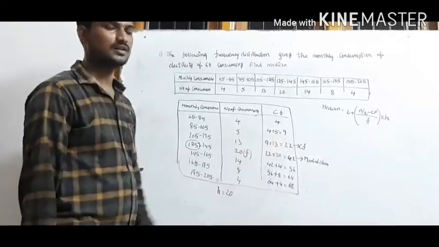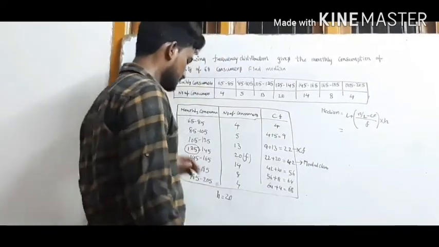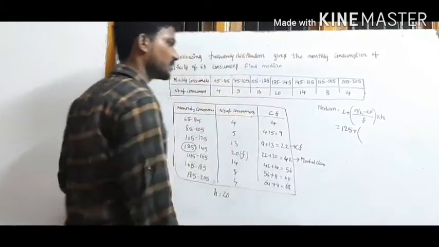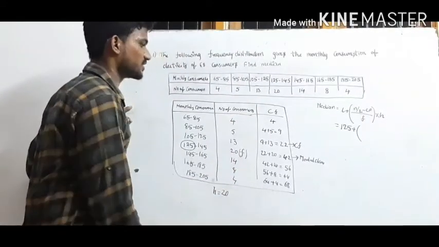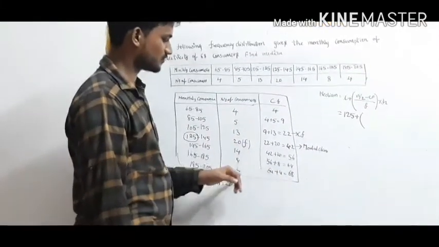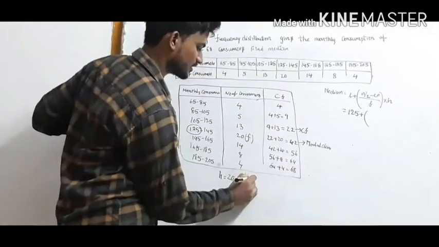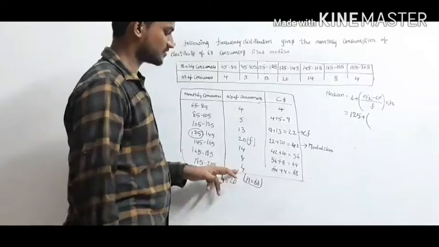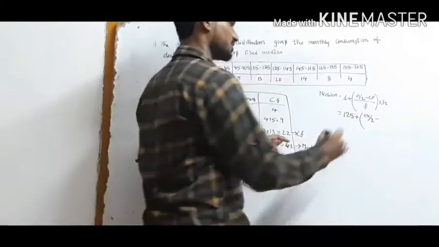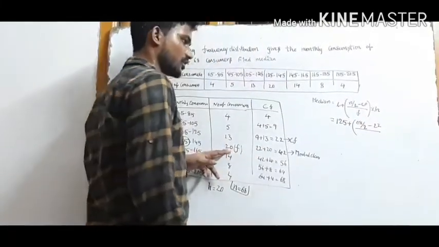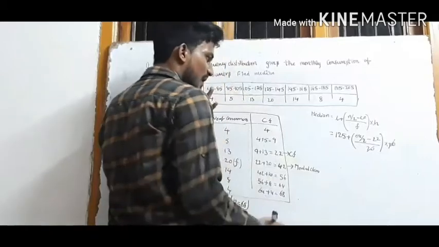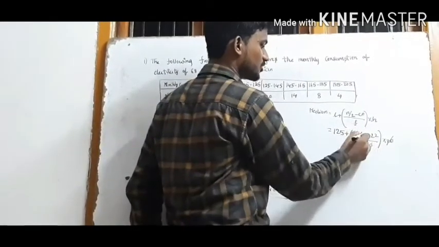Then substitute these values in the formula. L is the lower limit, 125, plus n, where n is the number of observations, the sum of these frequencies, which is 68. 68 by 2 minus cumulative frequency 22, by f equals 20, into h equals 20. The 20s cancel, and 68 by 2 is 34.